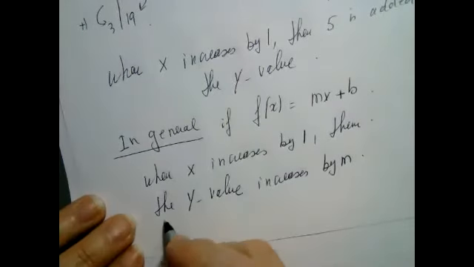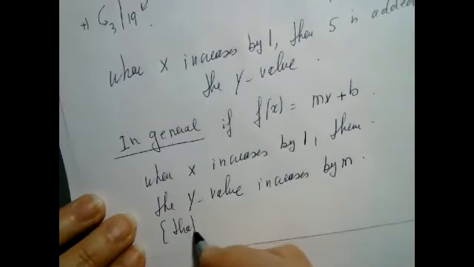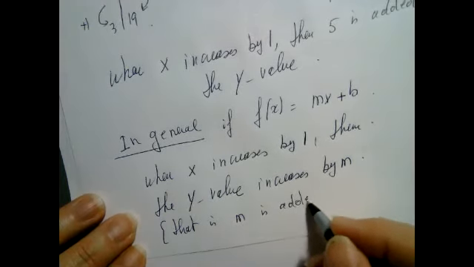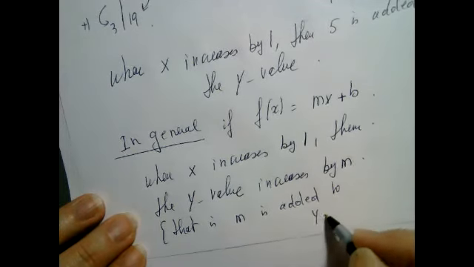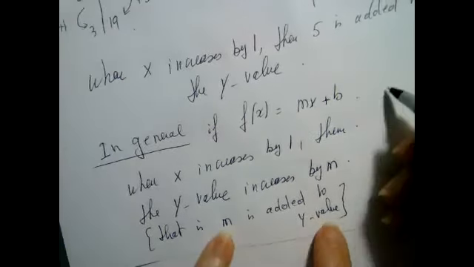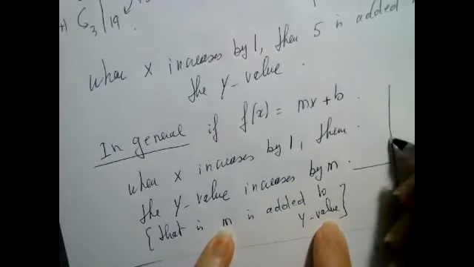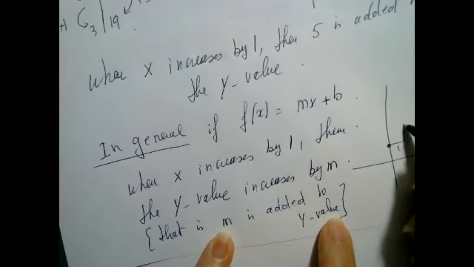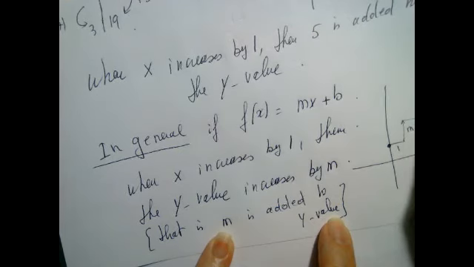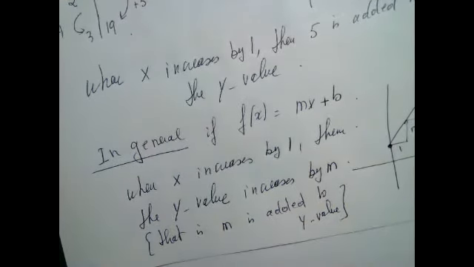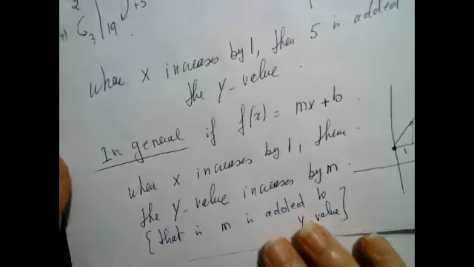That is, m is added to the y value. So graphically, that's how linear works. Whenever x increases by 1, m is added to the y value. It's the same amount. And that's really linearity.